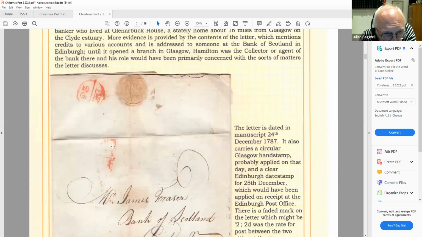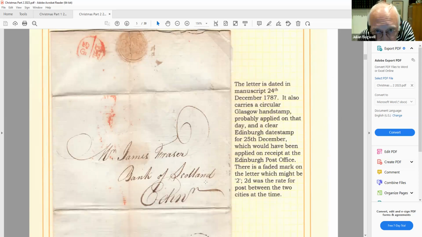Here's another item from Scotland, again with an Edinburgh style, indeed, bishop mark. And that was applied on receipt. And there's a very faded mark there, which might be a 2, and 2d. This was sent from Glasgow to Edinburgh, and 2d was the rate at the time for that journey.